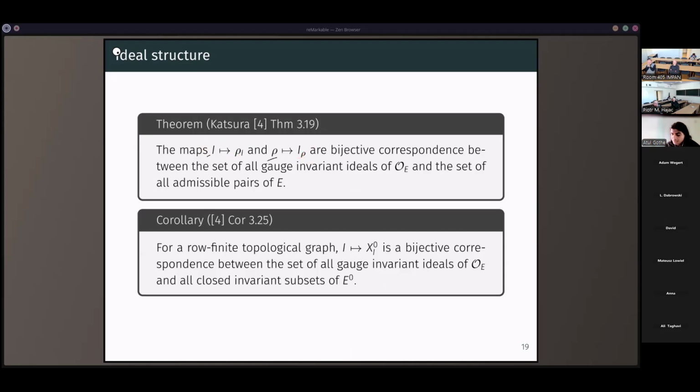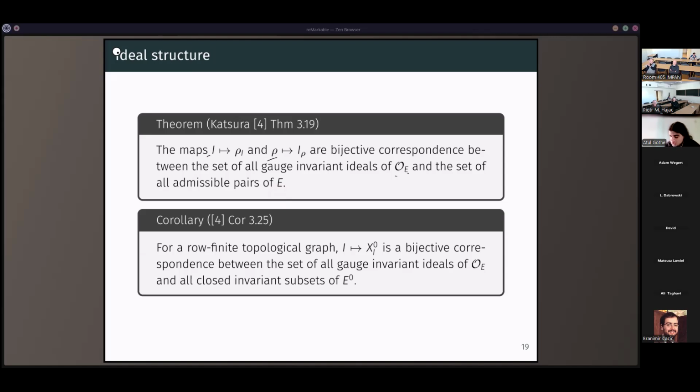This is a bijective correspondence between all gauge invariant ideals of the C star algebra O_E and all the admissible pairs of E. So there is a nice correspondence between the combinatorial and topological properties of the graph and the algebraic properties of the C star algebra generated by the topological graph.